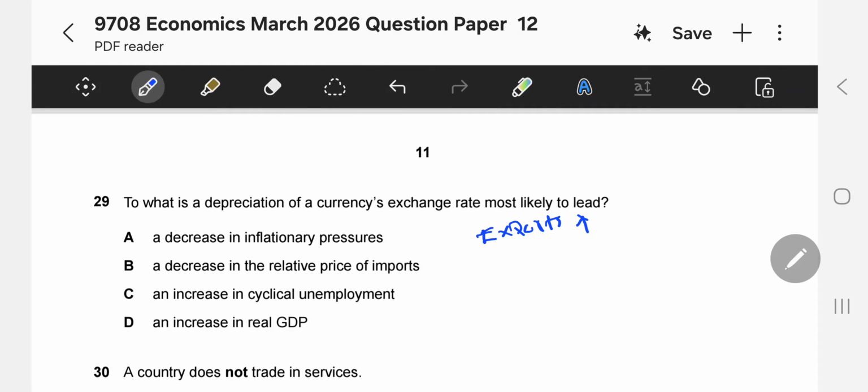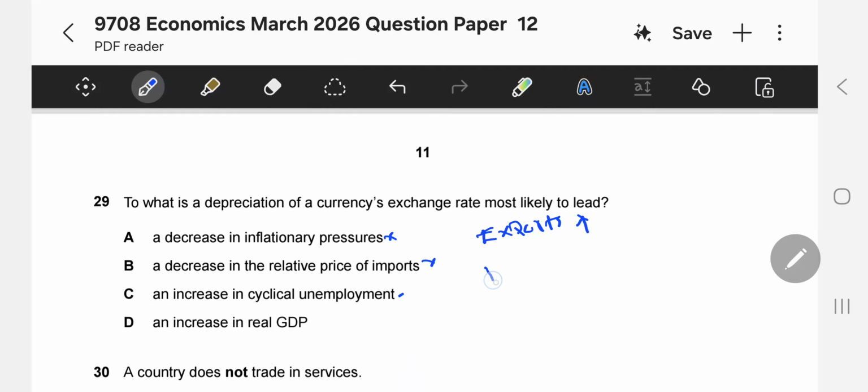A decrease in inflationary pressures. No. A decrease in the relative price of imports. No, they'll become more expensive. An increase in cyclical unemployment. Okay. An increase in real GDP. Okay, so when you're calculating GDP, we need this factor here.